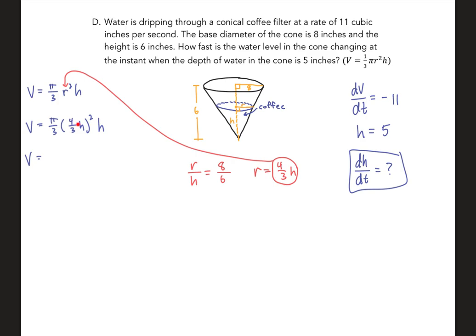So this 4/3 will get squared to become 16 over 9, and then times pi over 3, that'll be 16 over 27. I'm going to write it as 16 pi over 27, grouping all those constants in one fraction, and then you'll get an H squared times H, so that'll be H cubed. Okay, now we take the derivative of both sides. So dv dt.